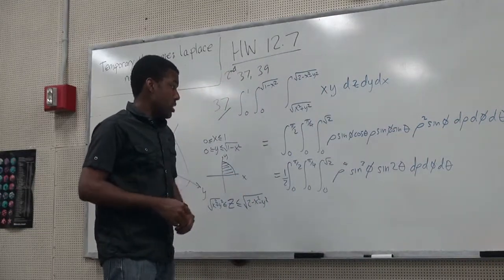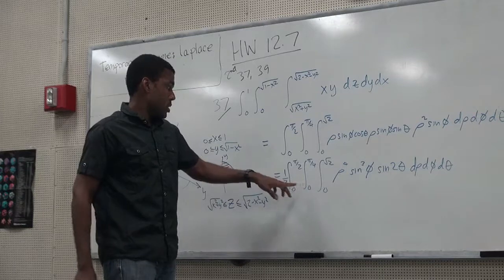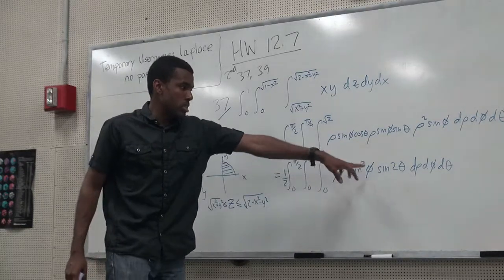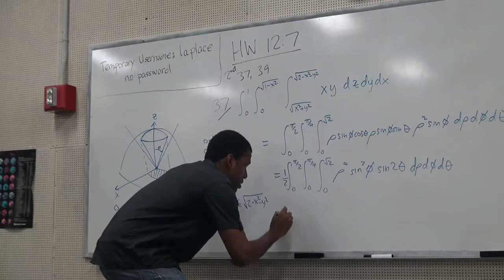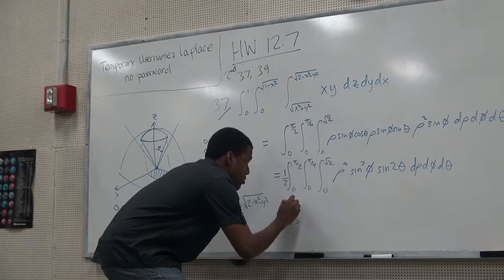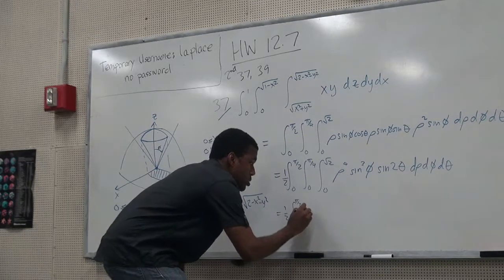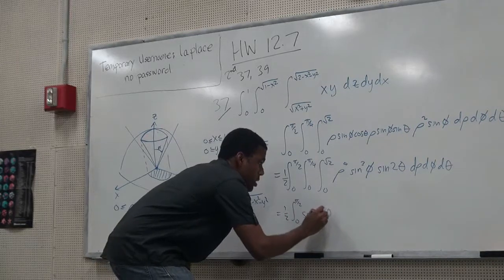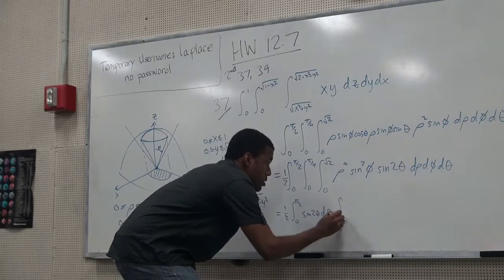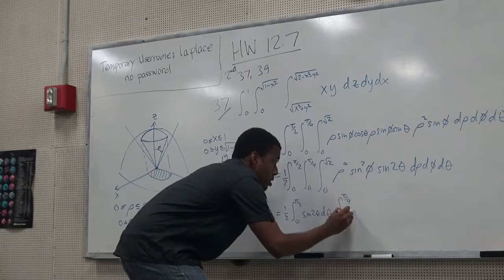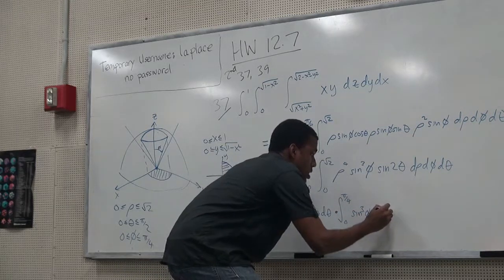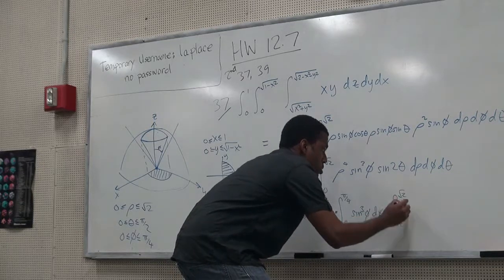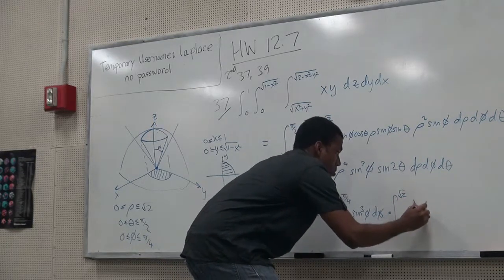Okay, and the limits are all constants and these don't really mix, so I can actually do the integral from 0 to pi over 2 of sine 2 theta d theta, times the integral from 0 to pi over 4 of sine cubed phi d phi, times the integral from 0 to root 2 of rho to the 4th d rho.